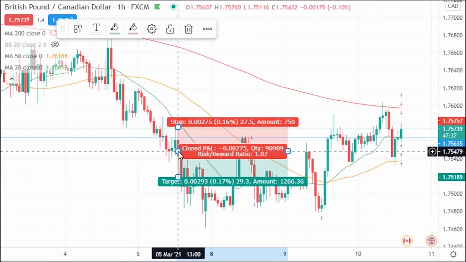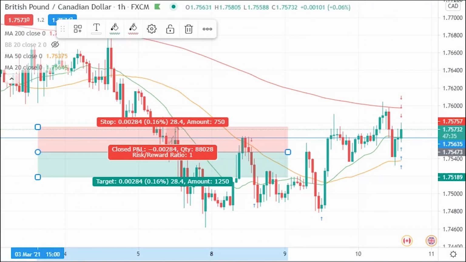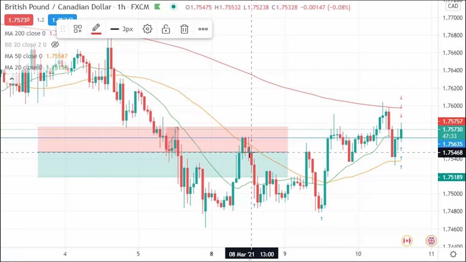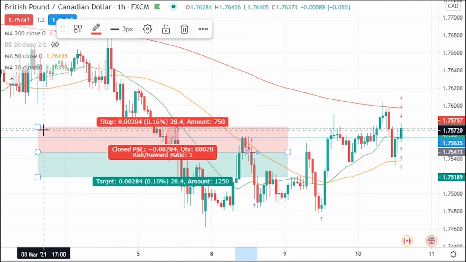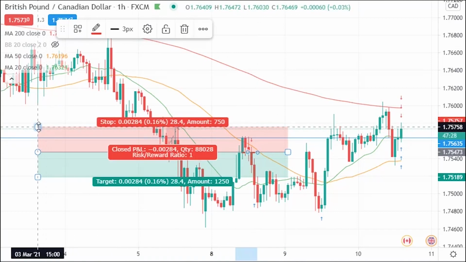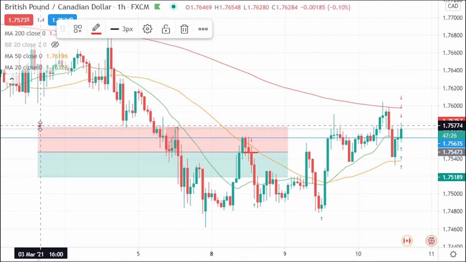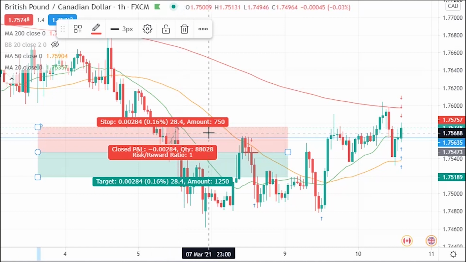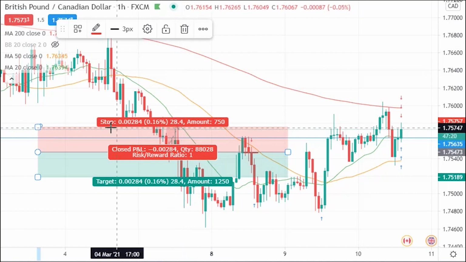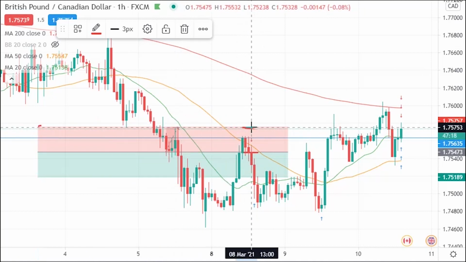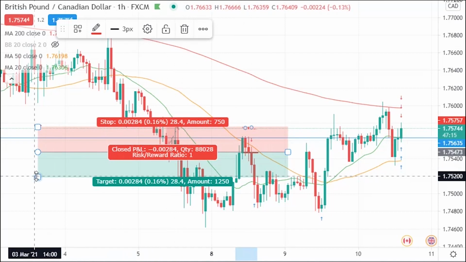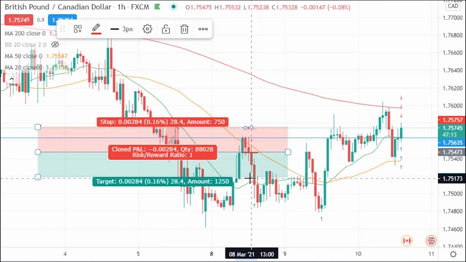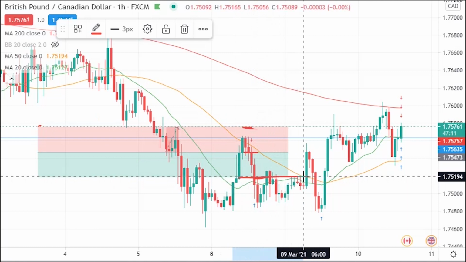I'm going to do the same thing I did before and just drag it way out so we can see it, and I'm going to mark it. So we would have entered there. I would have put my stop decently high on this one because I want it above that. It's tested all the way up to there. So I would have put my stop there, we'll say. And I want a 1-to-1 risk to reward. So TP1 would be there.